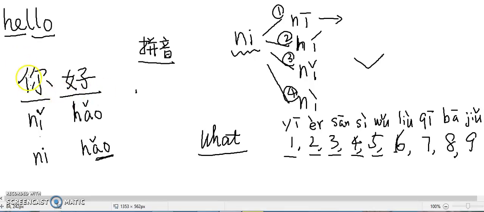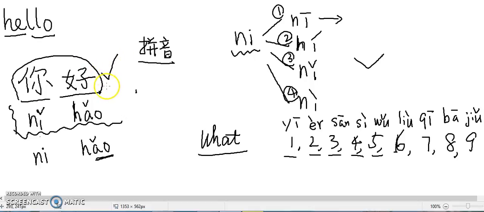We have these two characters. Most of the time we're not going to learn how to write them because that's difficult. It takes lots of repetition. You have to copy them. So we're just going to learn the pronunciations, and from now on we're just going to use the pronunciations. But you need to know that even if you learn them, you won't be able to read anything, because most of the time in reading, this is what you see in the book.